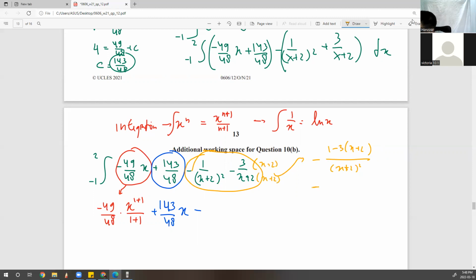So minus x plus 2 square, 1 minus 3x minus 6. So it has to be negative 5, right? Negative 5 minus 3x, or minus 3x minus 5, over x plus 2 bracket square. And then what we can do next here, okay, challenging.